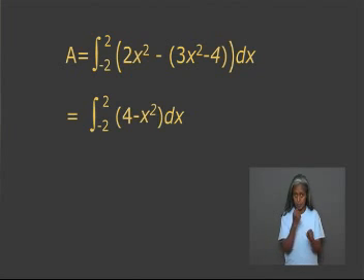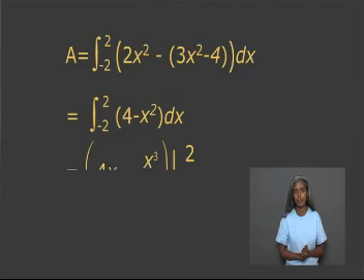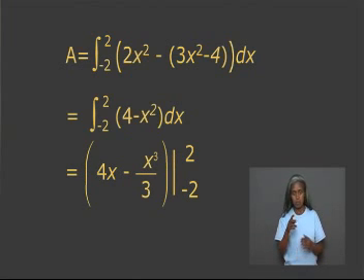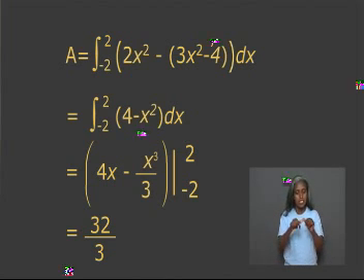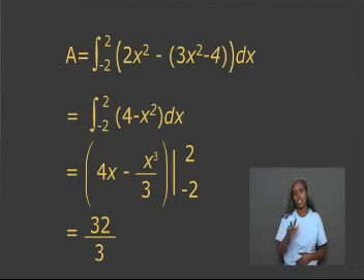Simplified, this equals the integral from negative 2 to 2 of 4 minus x squared with respect to x. The problem has become simple. For 4x minus x cubed over 3 restricted from negative 2 to 2. Therefore, the area is 32 over 3.